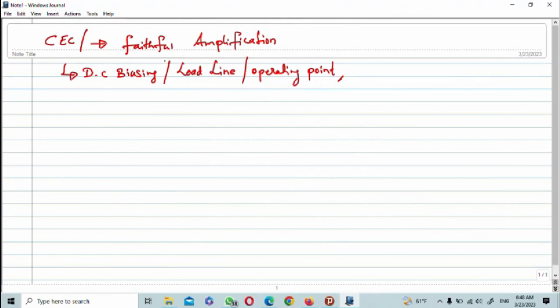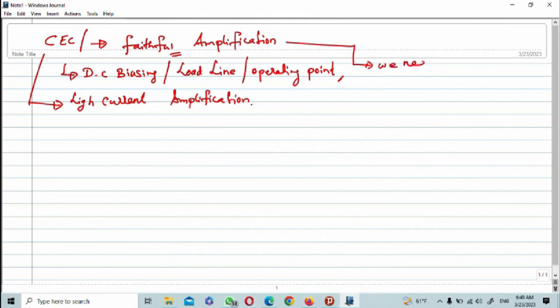For faithful amplification or high current amplification, mostly we use the common emitter configuration only. For faithful amplification, we also need a perfect output without any disturbance.